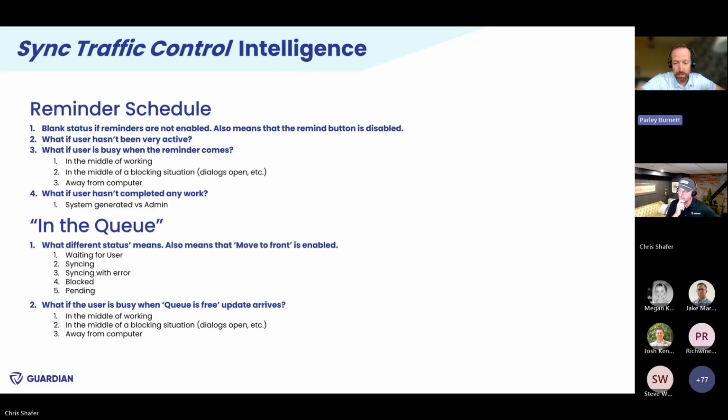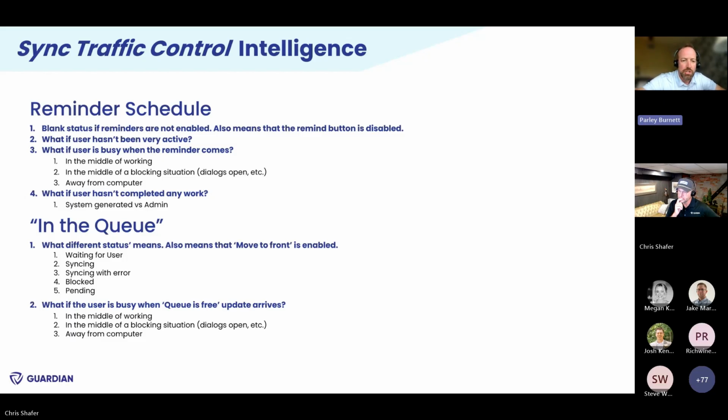And when that happens, it actually will allow the next person in the queue to continue with the sync. We've had situations where people walk away, the error pops up, and that kind of held up the queue for as long as the user was away from their machine. So that's kind of a cool little improvement we made.